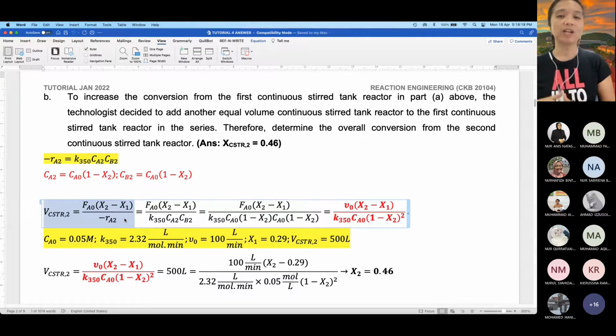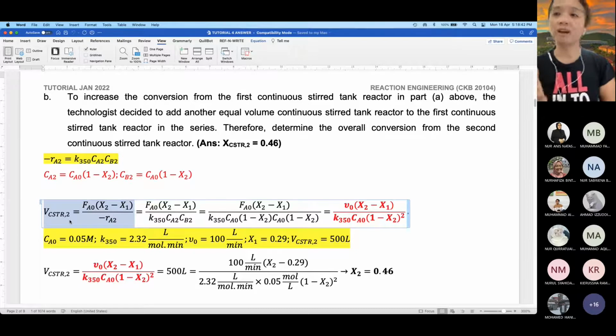Okay, memang betul. Kalau reaktor pertama memang formula dia VCSTR1 = FA0 X1 per minus RA1 if it's the first reactor. However, when it's a second reactor, formula dia jadi volume CSTR2 equals to FA0 in bracket X2 minus X1.